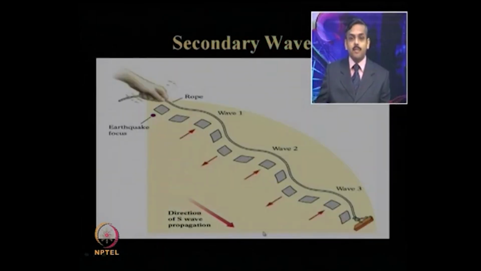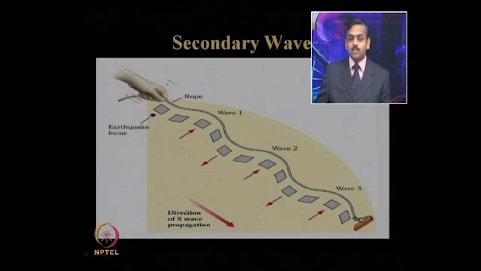Whereas, for the secondary wave, if this is the point of earthquake focus and this is the direction of S wave propagation, it is similar to the behavior of a rope when you vibrate or shake it, the way the rope wave propagates.